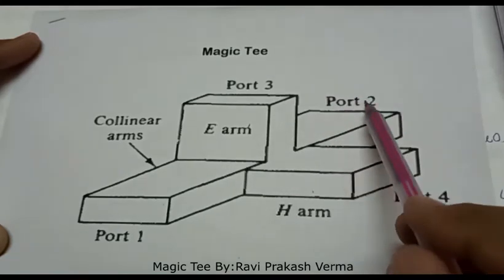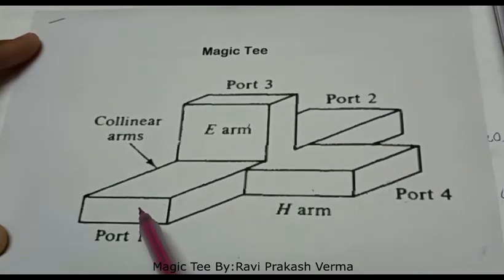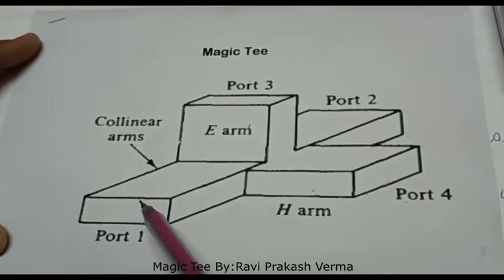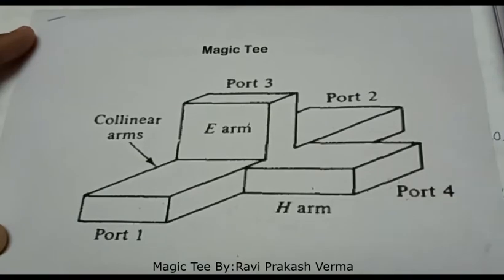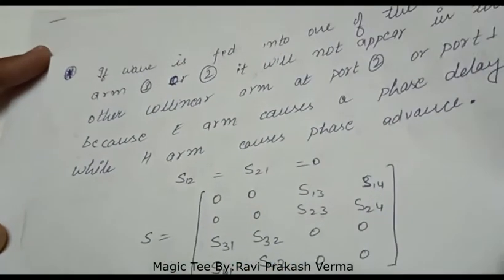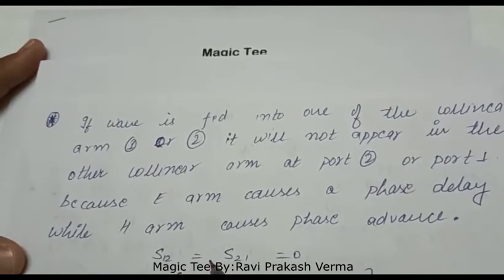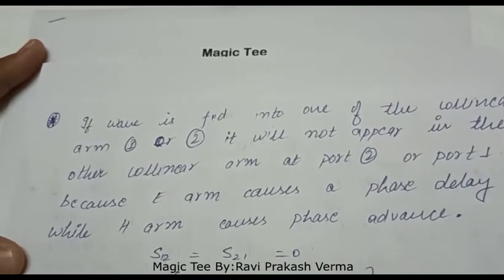In the second case, if we provide an input wave at port 2, then there will be a 0 output at port 1, because the E arm causes a phase delay while the H arm causes a phase advance. That's why we can see that S12 is equal to S21 is equal to 0.